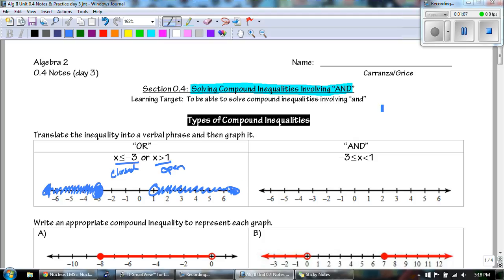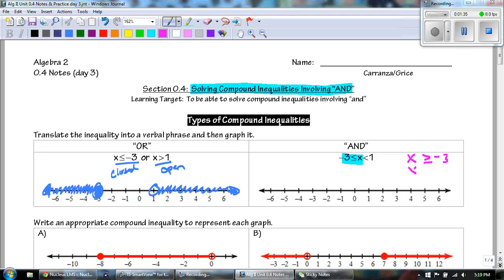So there you go. Now our next one, -3 is less than or equal to x, and x is less than 1. Let's take a look at this inequality real quick. I can rewrite that so the variable is first, and when the variable is first, it is pointing at the -3.